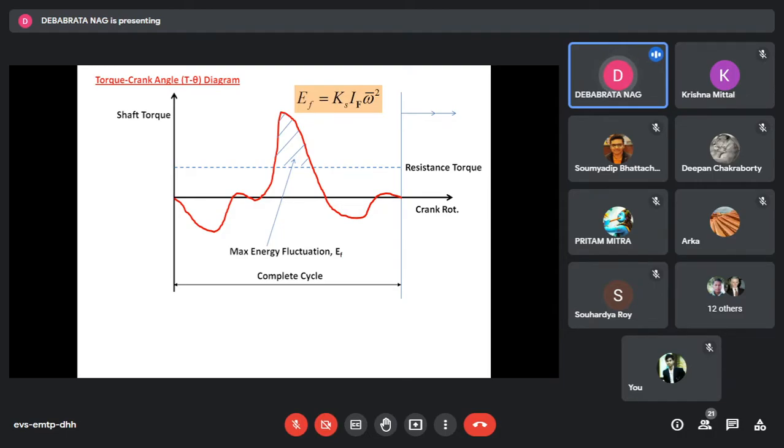And since to generate the current we need to run the engine more or less at a constant speed. For example, in our country the alternating current frequency is 50 hertz, right? In America, or in Australia, if you go, you will find it is 60 hertz.